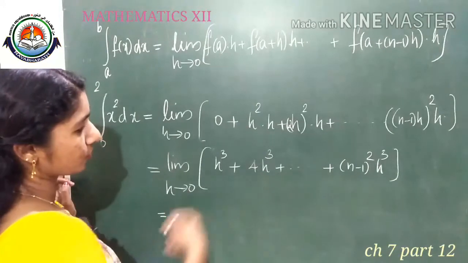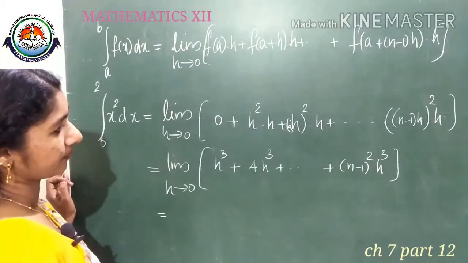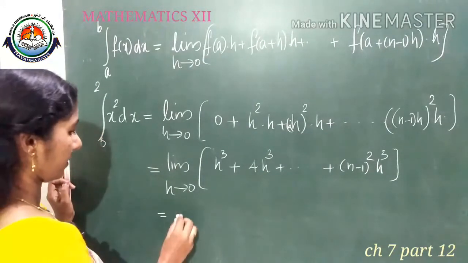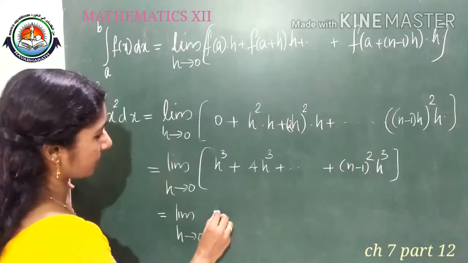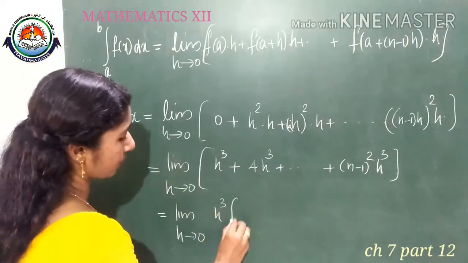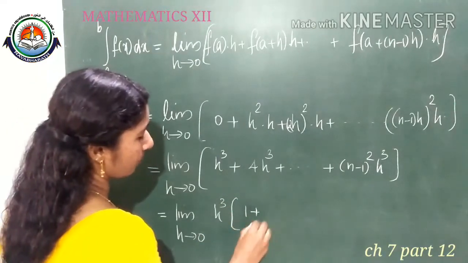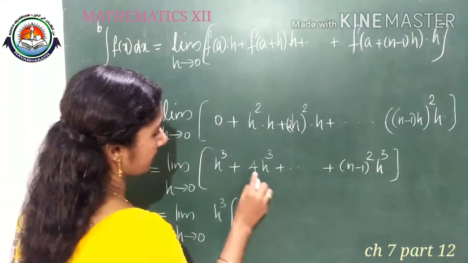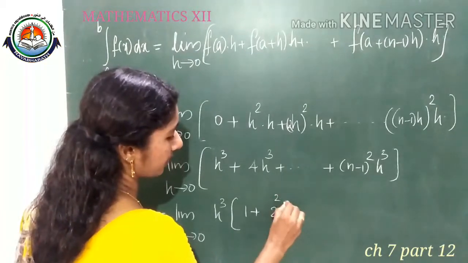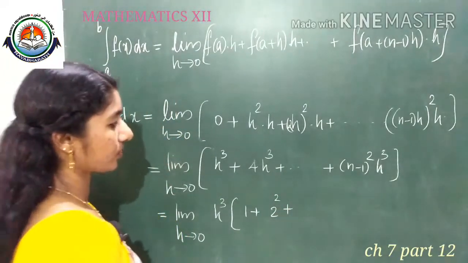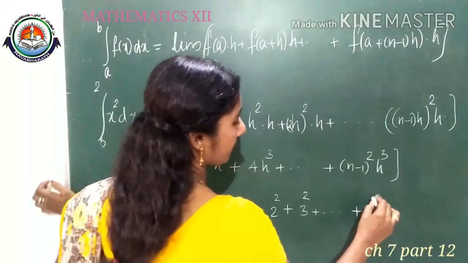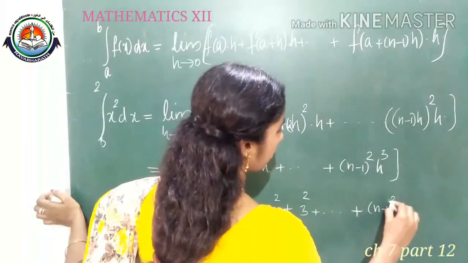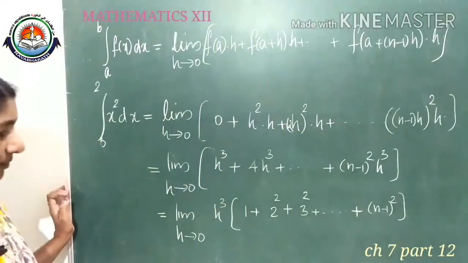We can take h cube outside. So it will come limit h tends to 0, h cube into 1 plus 4, means 2 square. Actually I am writing that itself, 2 square. So next we can write as 3 square plus etc. plus n minus 1 whole square.